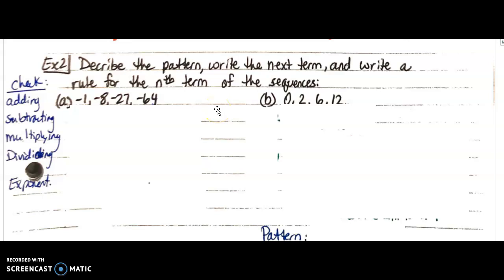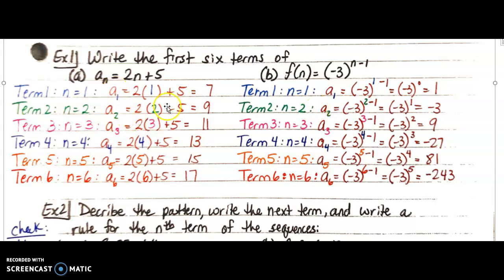Now this is describing a pattern, writing the next term, and writing a rule for the nth term of the sequence. Just like you saw here, in both of these cases we're doing something to the placement of the term. So we're using the 1, the 2, the 3, the 4, the 5, the 6 within the equation.